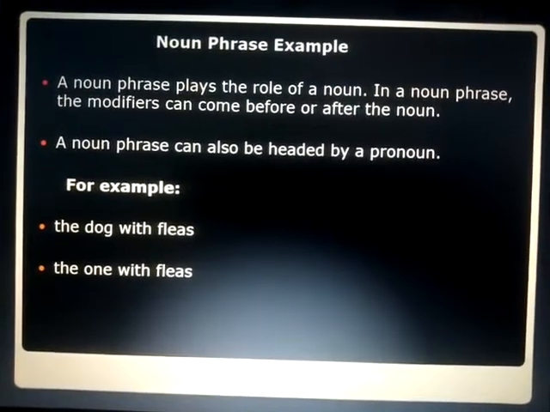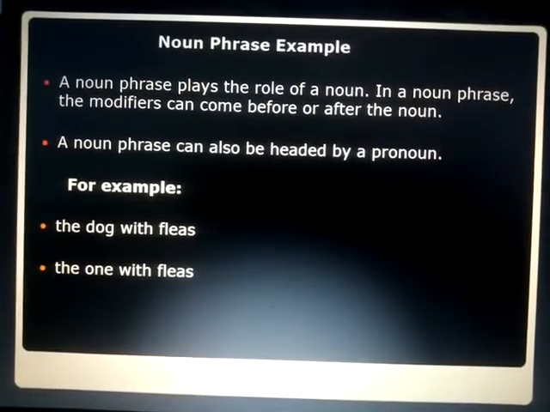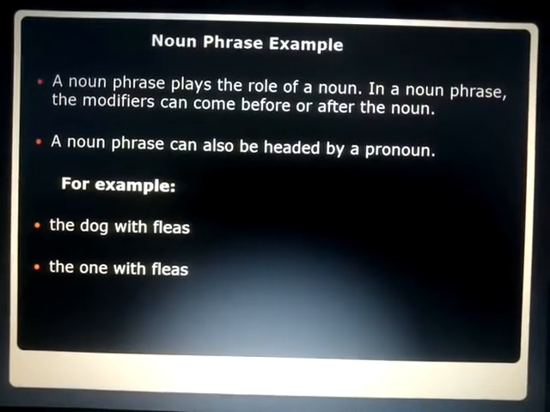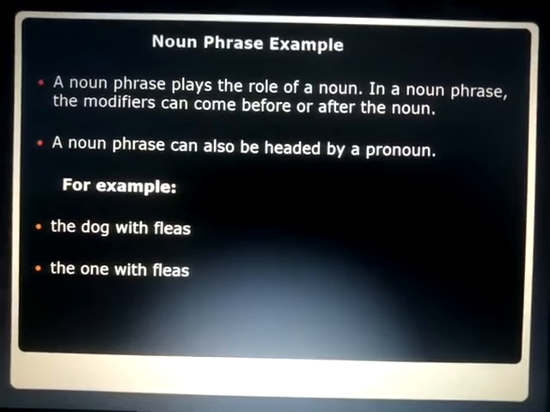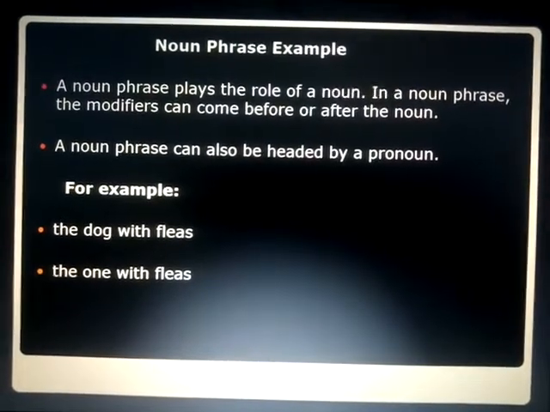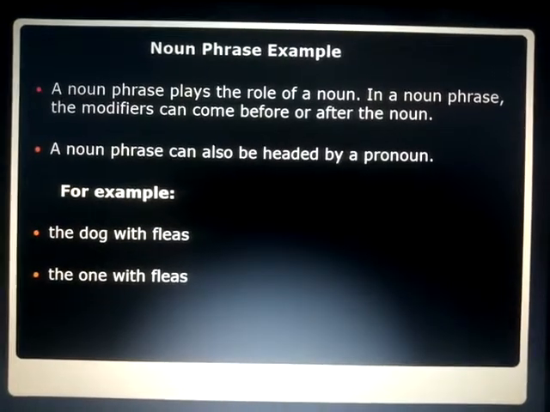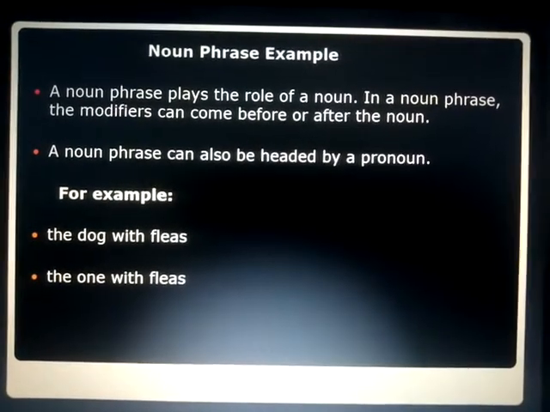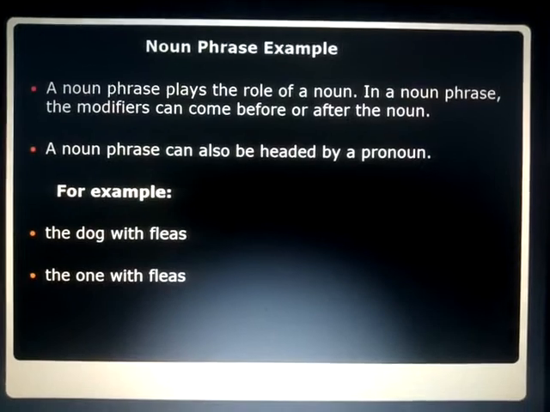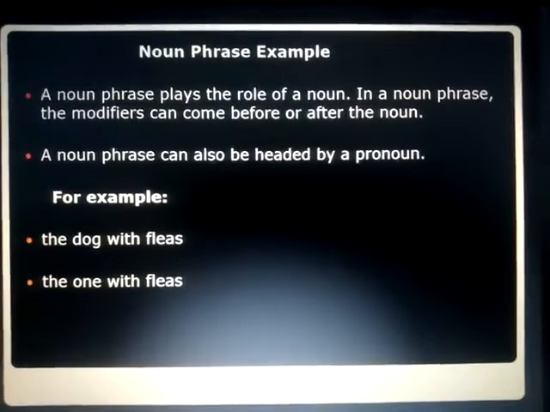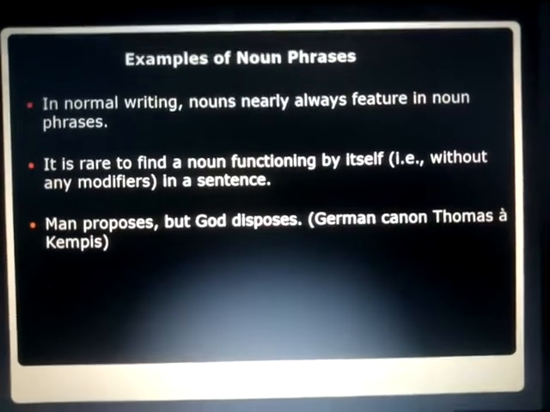So we can see that in the first example, dog is the noun, while in the second example, one replaces the dog. And the noun phrase becomes the subject. The noun phrase becomes what? The subject. So let's continue.